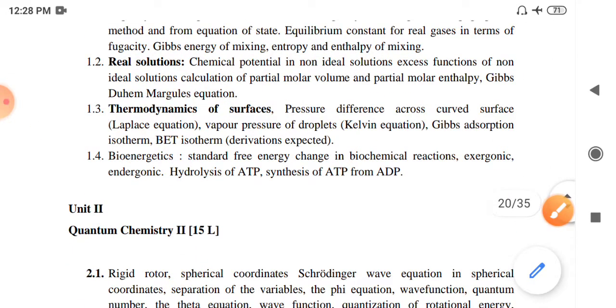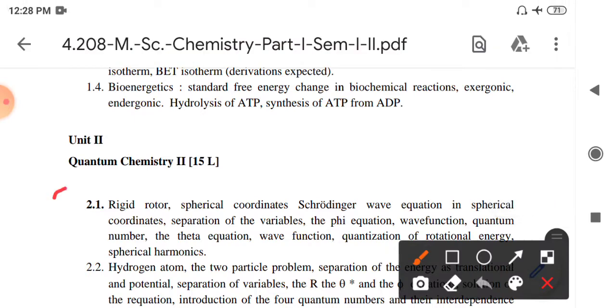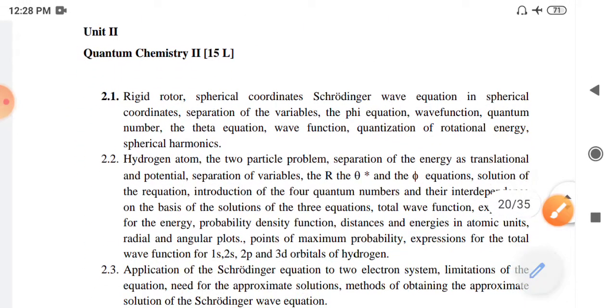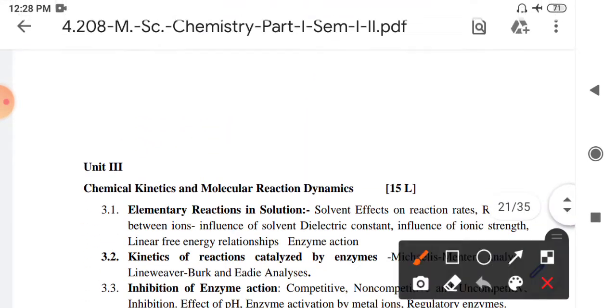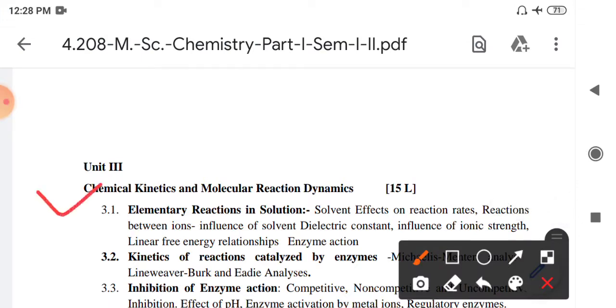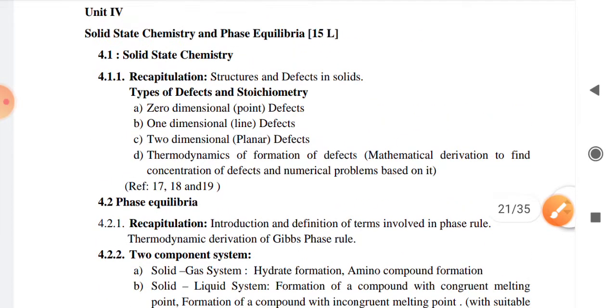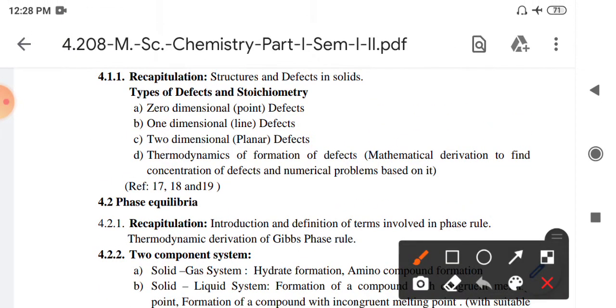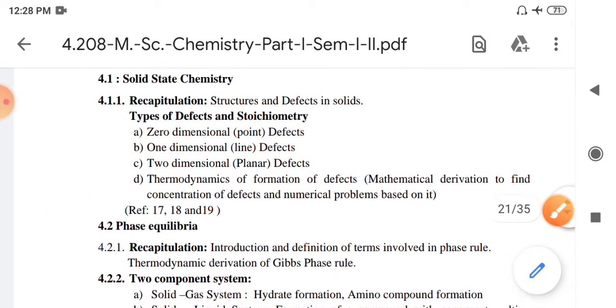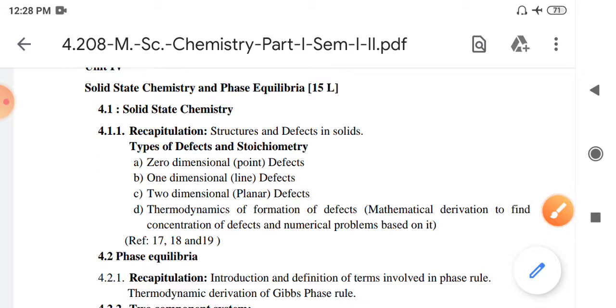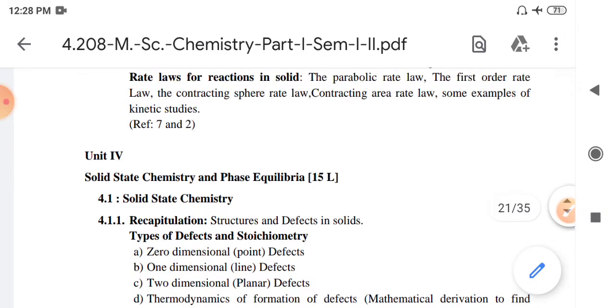Then again quantum chemistry 2, which is an extension of quantum chemistry, and chemical kinetics, which is again an extension. The fourth unit is an application type unit, consisting of solid state chemistry and phase equilibrium. Here we will see some important applications of solid state and phase equilibrium in physical chemistry.